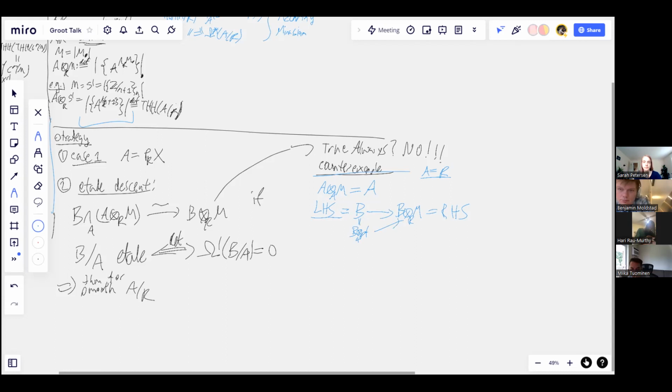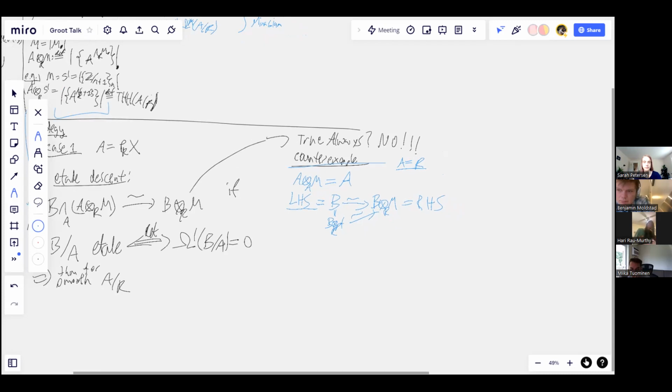Yeah, R is A in our case. Let me just be consistent. The map from a point to M induces a map from B tensor a point to B tensor M. And I need these maps to be equivalences.